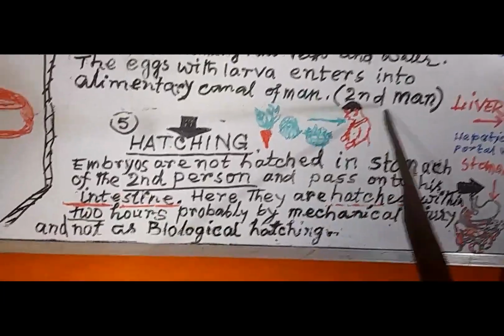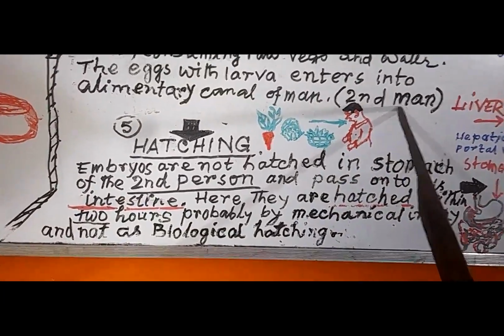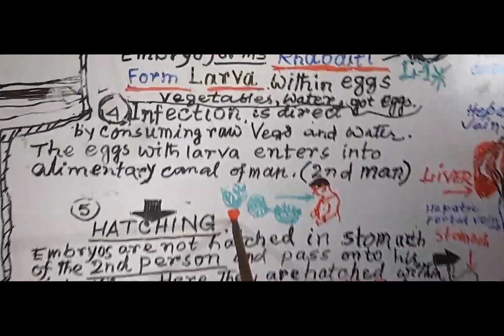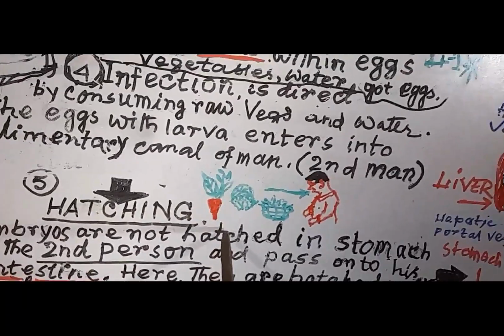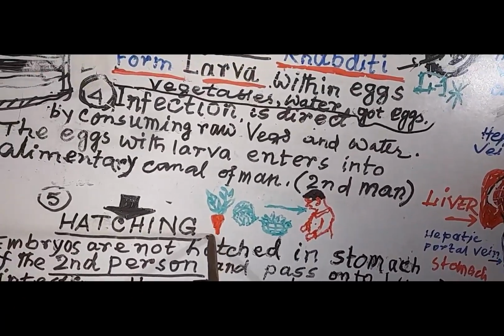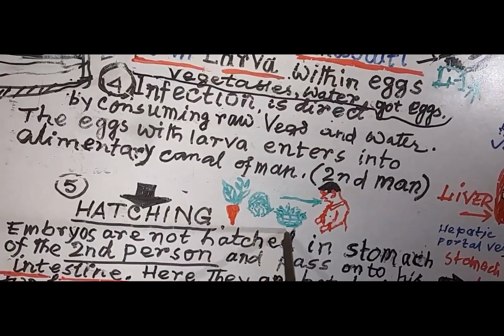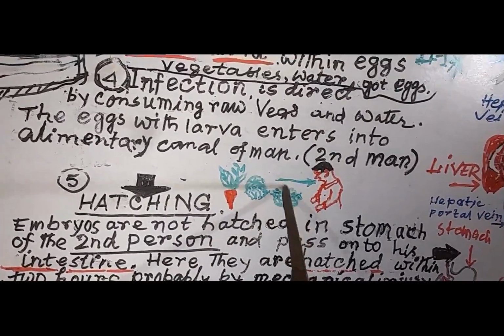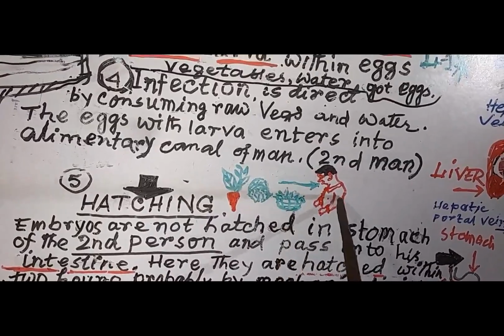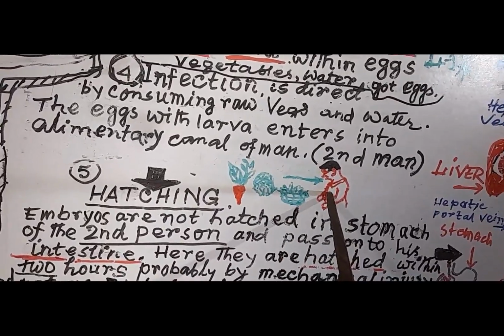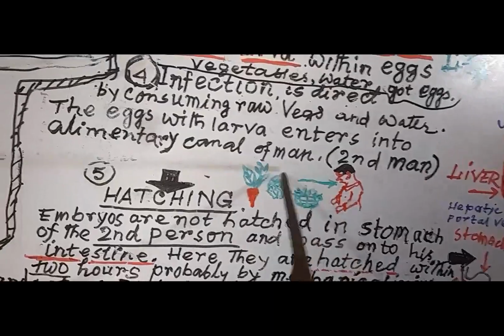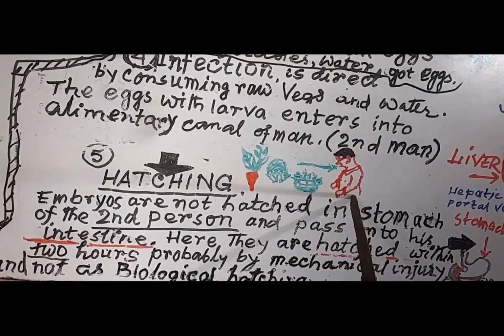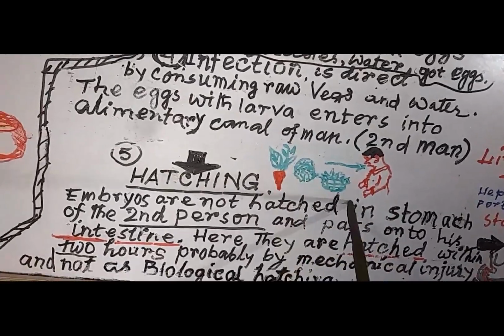Next, this second man is infected by taking these very vegetables. You see here, I have drawn this carrot, cabbage, and a basket within which there are so many vegetables, and it is consumed by the second man. When it enters into the body of the second man, what happens?